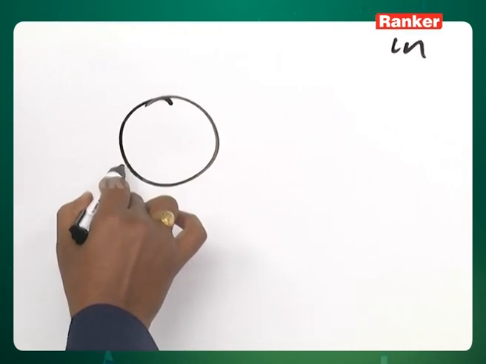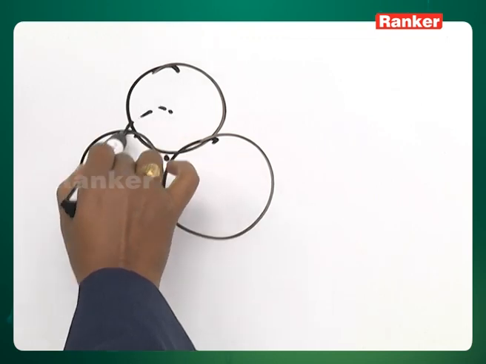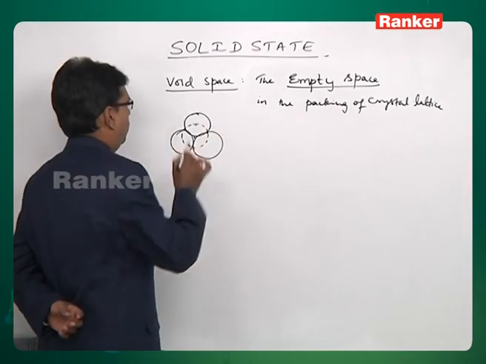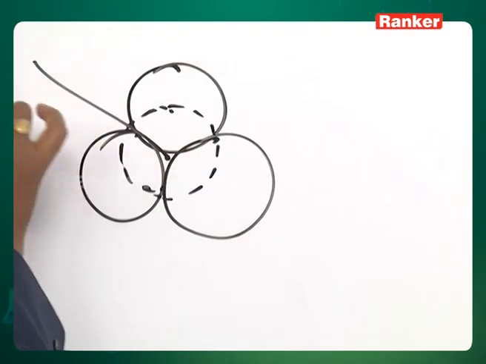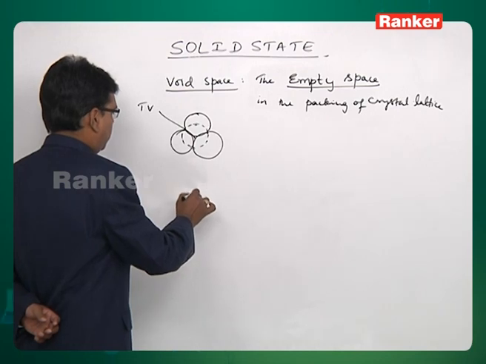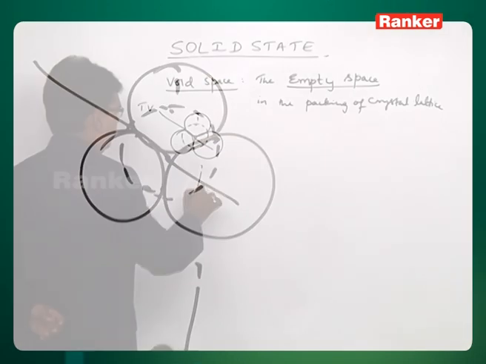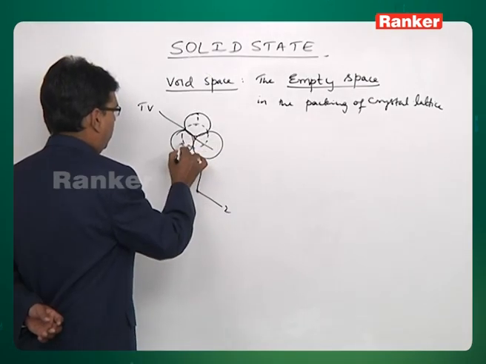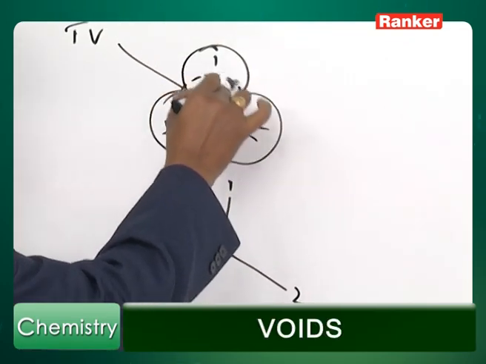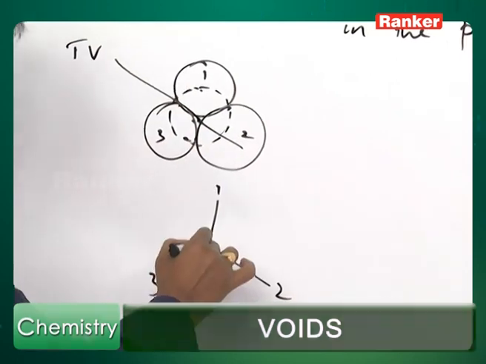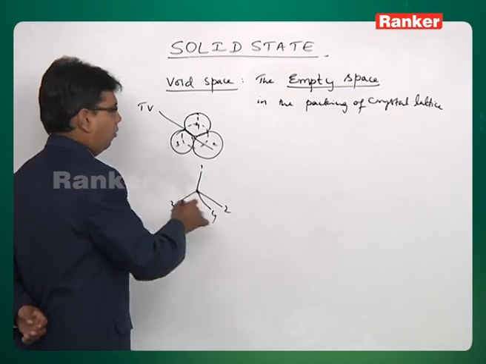If we arrange the atoms like this, and on top of it you keep another sphere, then the empty space that is left is what we call a tetrahedral void, because this atom is in contact with 1 sphere, first one, second one, third one, and 1 sphere, this broken line sphere on top, which is the 4th one. So this is how the tetrahedral void appears.